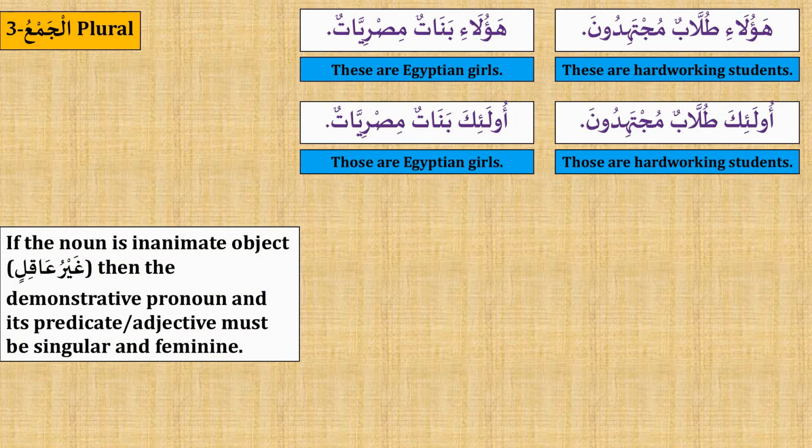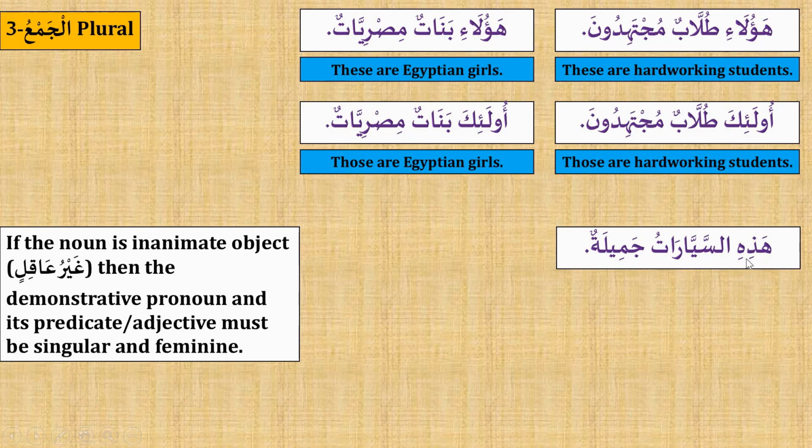Please also note that if the noun is an inanimate object, غير عاقل, then the demonstrative pronoun and its predicate or adjective must be singular and feminine. How? Let's understand in a sentence. هذه السيارات جميلة.